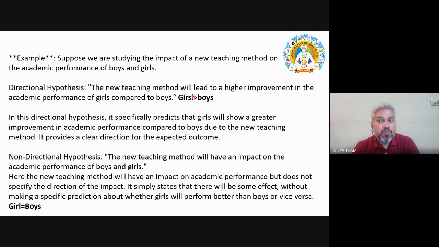So we are using a greater sign here, and it is giving a direction, like we are going towards boys or towards girls. In this directional hypothesis, it specifically predicts that girls will show a greater improvement in academic performance compared to boys due to the new teaching method. It provides a clear direction for the expected outcome.